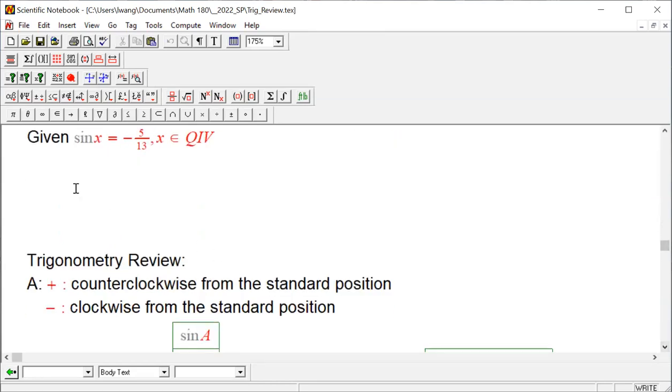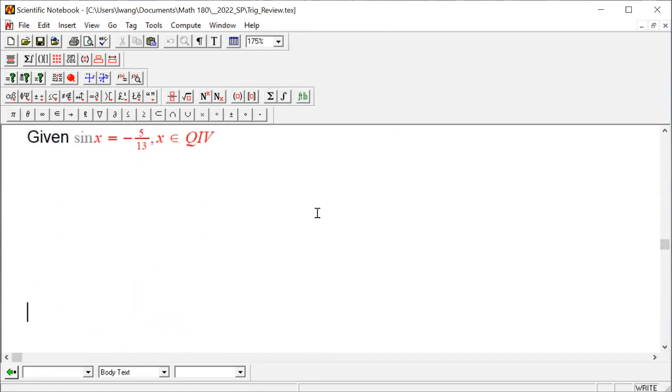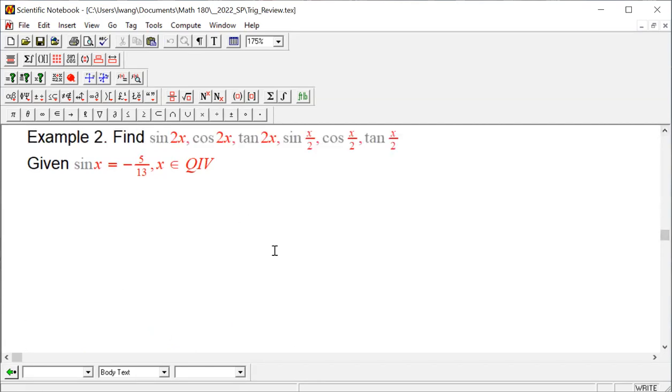In this situation, as we saw in the formulas before, we just need sine x and cosine x. If we find sine x and cosine x, everything can be resolved. Sine 2x is equal to 2 times sine x cosine x.